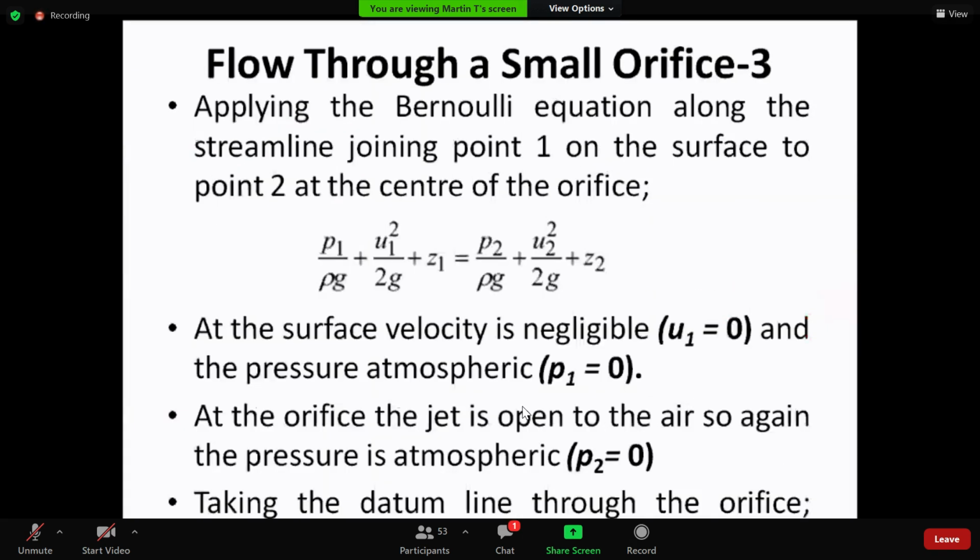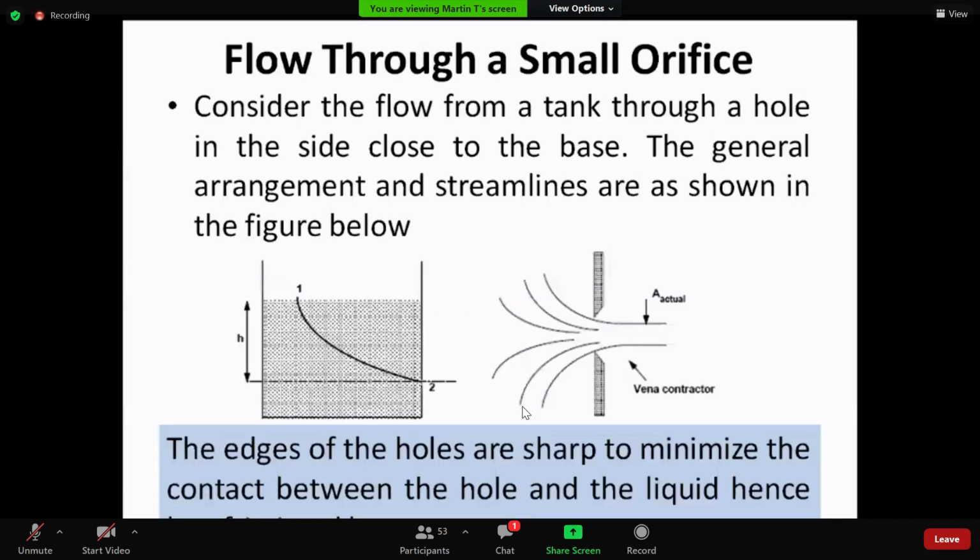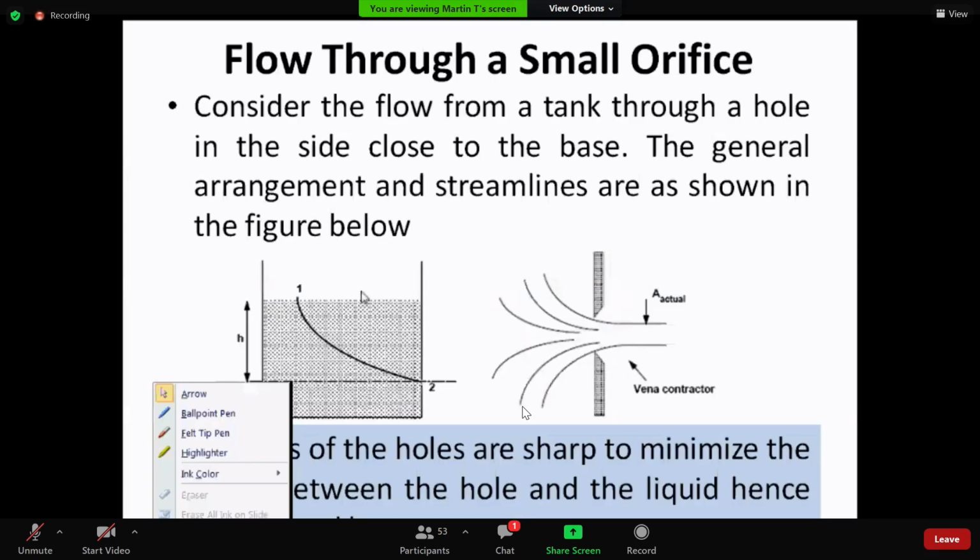Now, if we refer back to the figure on the left, let's take a streamline from point 1 to point 2. Remember we said Bernoulli's equation applies on the same streamline.